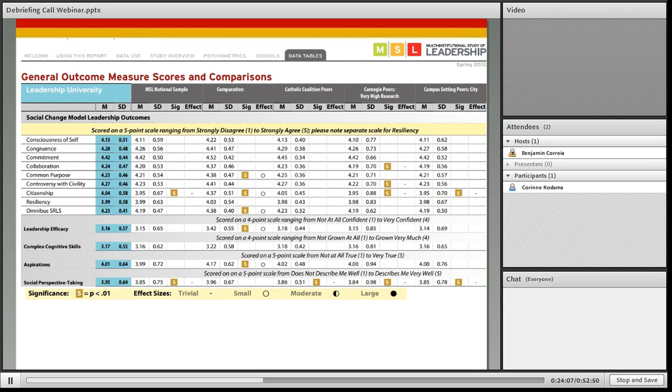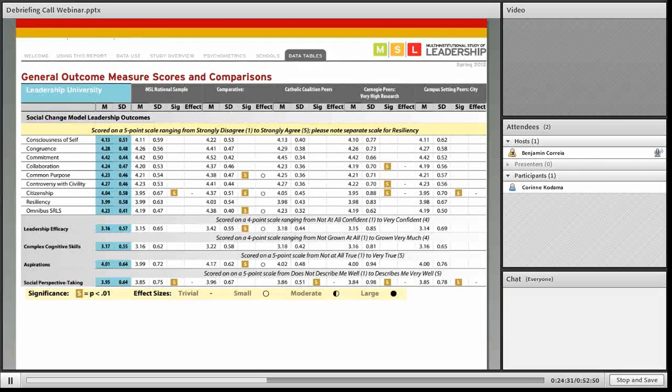The main outcomes are the social change model leadership outcomes. You can see the 7 C's here, and then you can see the omnibus, which is an average of all of the 7 C's put together. Some schools are more interested in the omnibus, some schools are more interested in looking at the individual values. That is up to you.